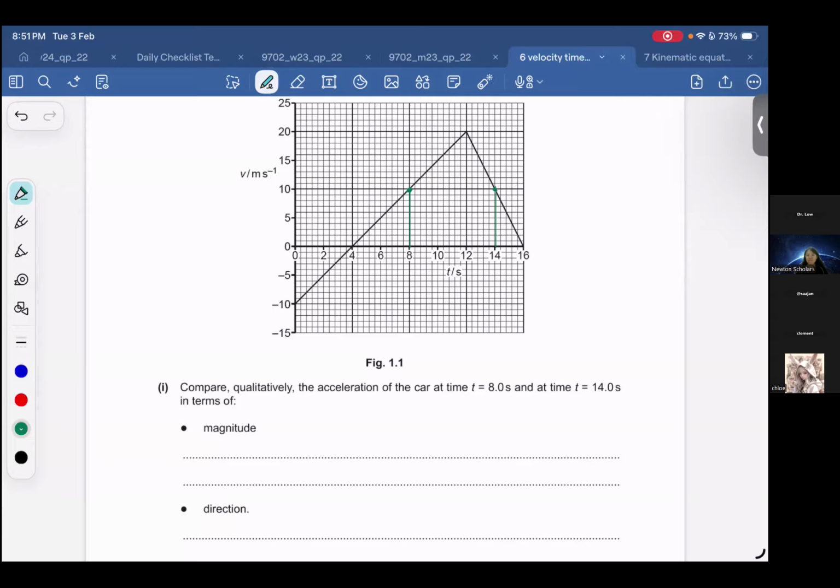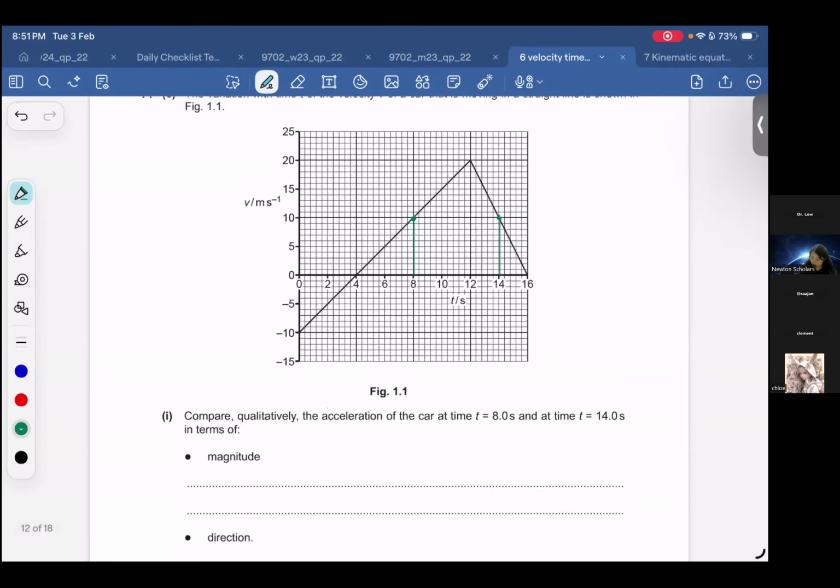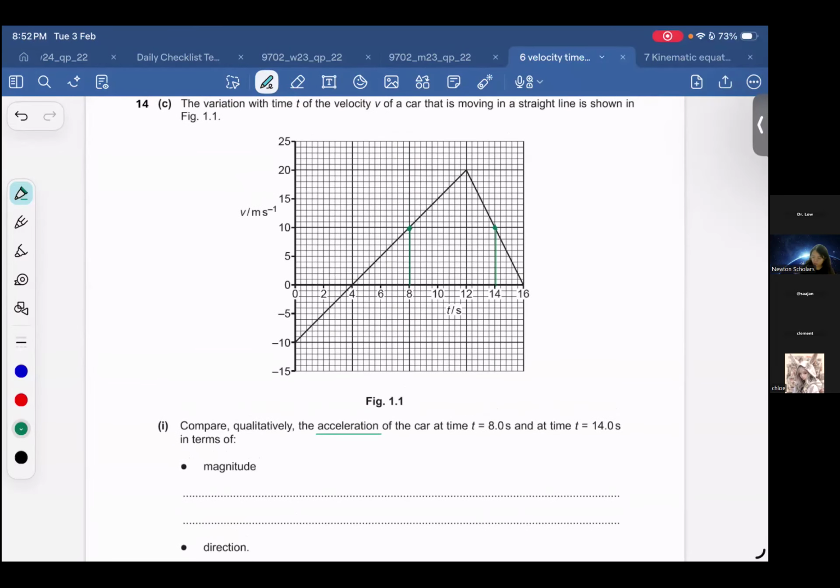No, Chloe, no. Ask yourself how to relate acceleration and the velocity-time graph. The gradient of the VT graph actually represents your acceleration.